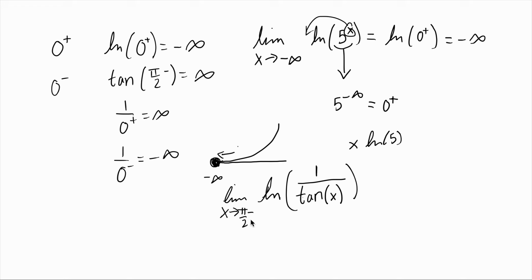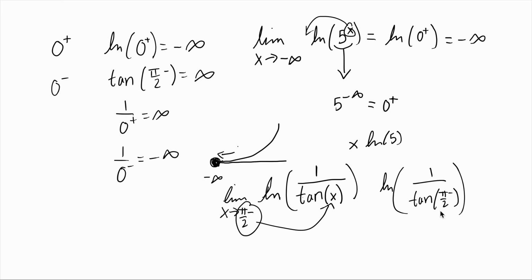So as x approaches pi halves from the left side, let's just plug this in for x here using our descriptions up there. So what would we have? We'd have 1 over the tangent of pi halves minus, and then we plug that into the ln. Notice that tangent of pi halves minus we could replace with infinity, so think of this as ln of 1 over infinity.